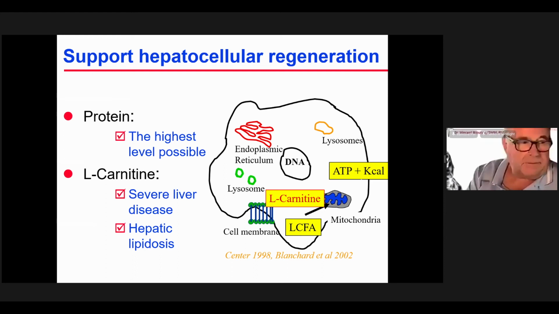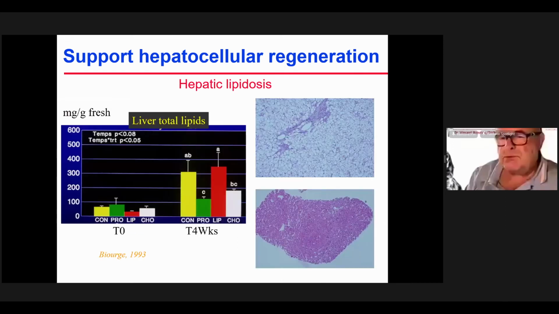And here I want to illustrate the power of protein in the regeneration of the liver. What we did here was to either fast animals, that's the control group, the yellow bar, versus giving those animals 25% protein, 25% lipid, or 25% carbohydrate, 25% of their energy requirement for 4 weeks.